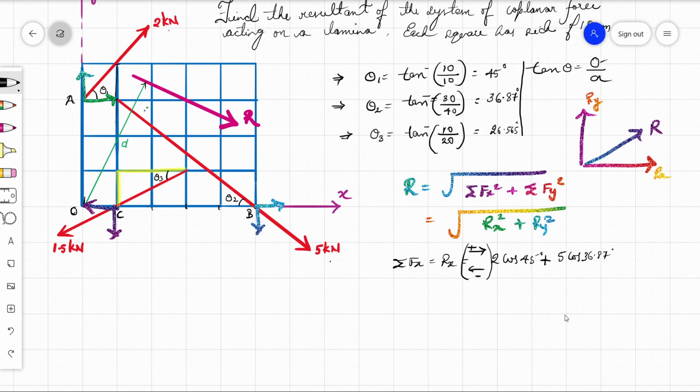You see this 1.5 kilonewton, is it moving away from this force system? Moving from right to left, we'll take that as negative. So that will be 1.5 cos of theta 3, that is 26.565.